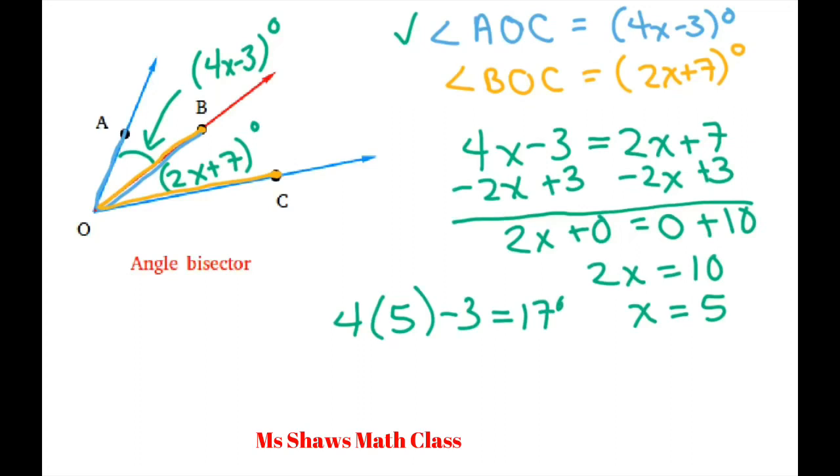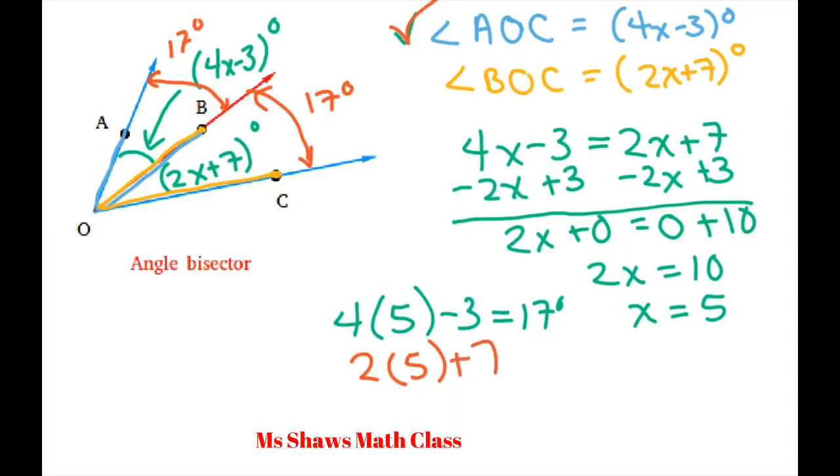So this angle here should be 17 degrees. All right, that's this one. The other one should be 17 as well. So you do 2 times 5 plus 7, which is 10 plus 7 is 17.